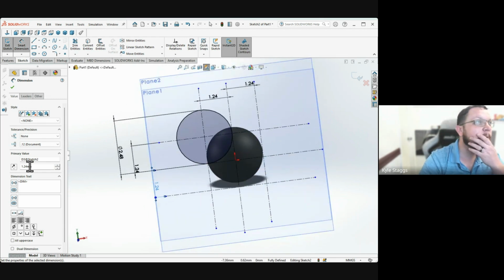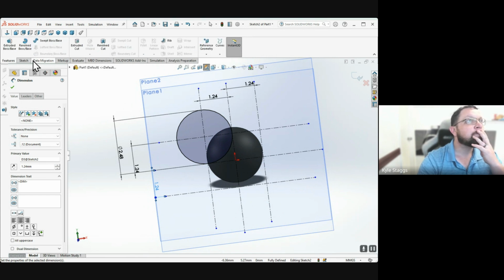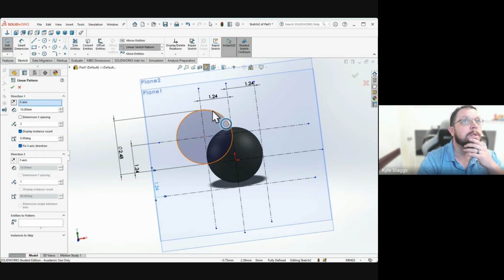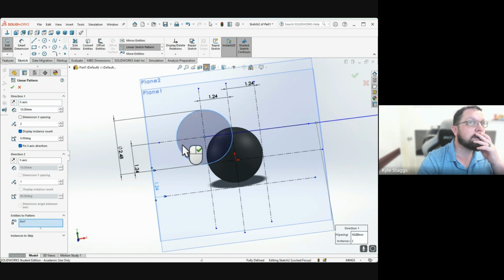What we're going to do is do an array. Linear sketch pattern on entities to pattern, 2.48.